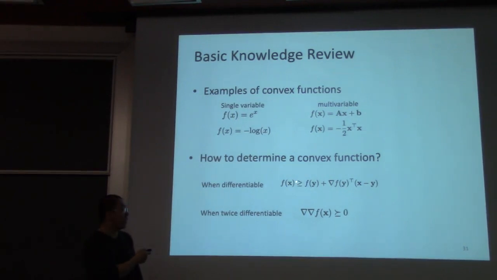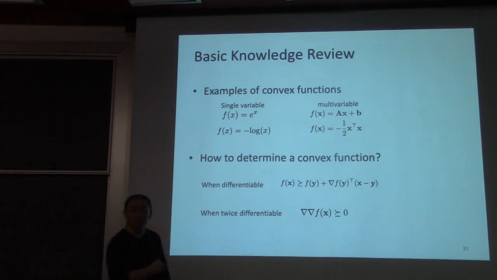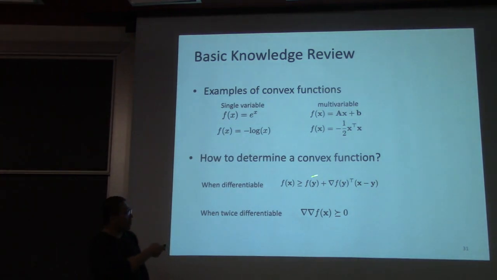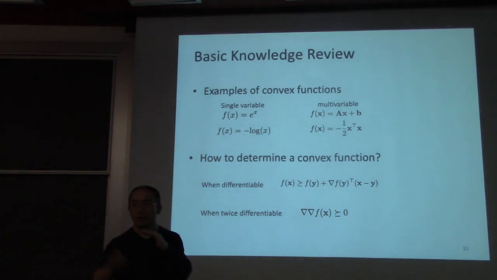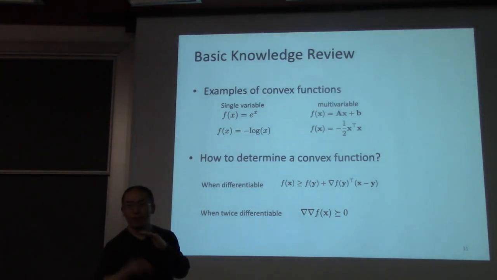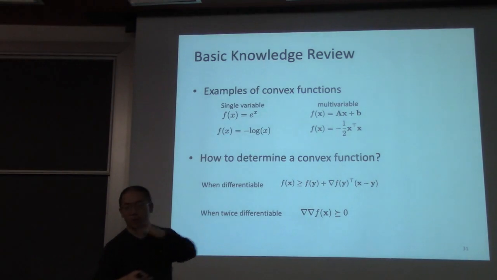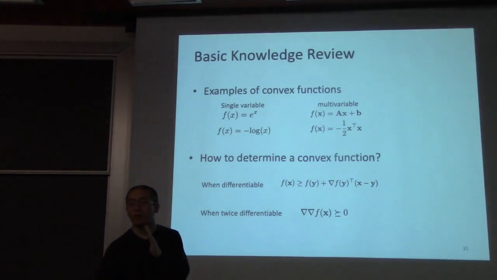So f(x) is always equal to or bigger than f(y) plus the inner product between the gradient at y and x minus y. So this is actually a first order Taylor expansion. You can consider it as a tangent line at the point y. That means if it's a convex function, then the convex function must always stay above the tangent line. Try to visualize by yourself. That's the well-known property of convex function.